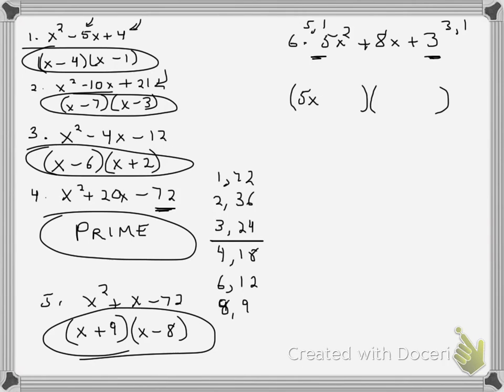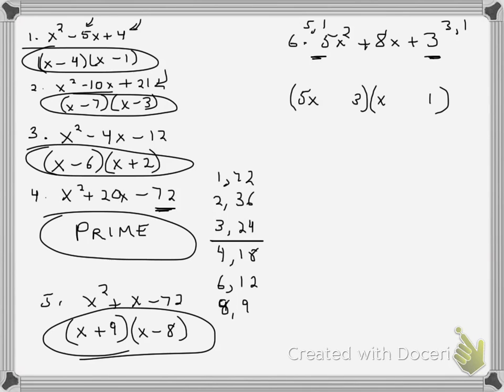Okay, so it'd be 5x and 1x, and then I have to decide, should I put my 3 here and my 1 here, or should I put it where my 3 would go on the inside and my 1 would go on the outside? So that's the only question in this one.